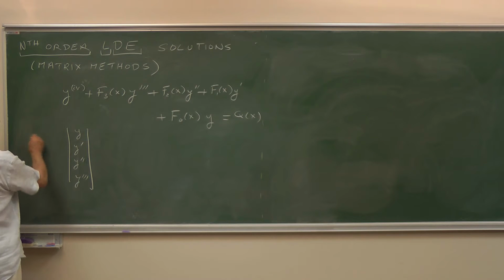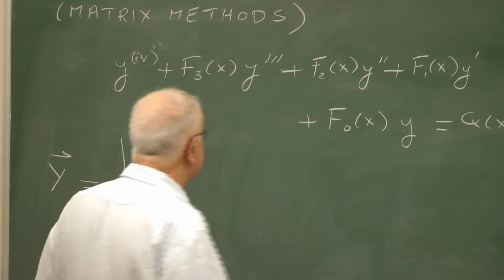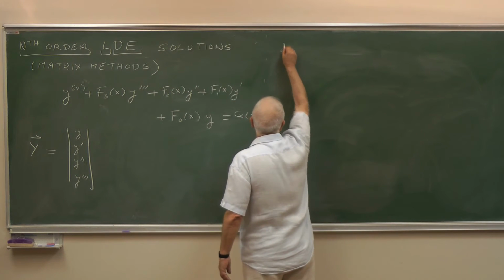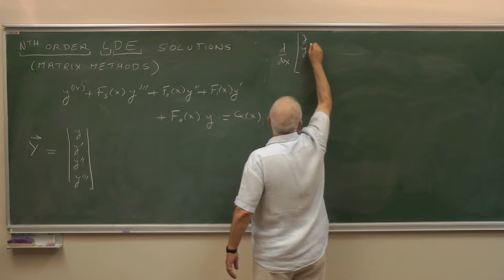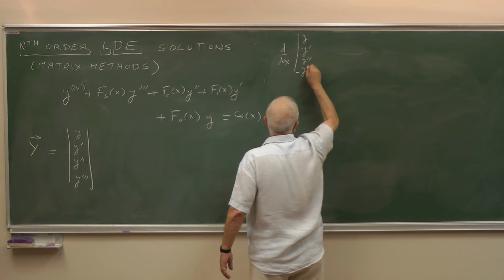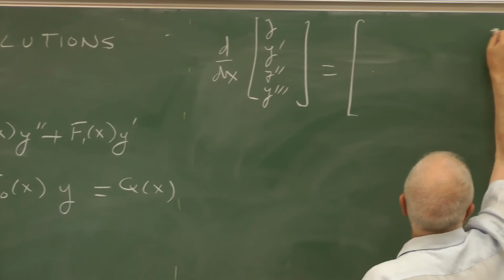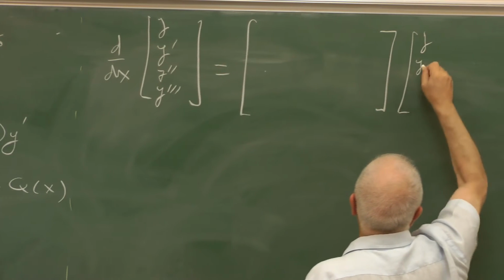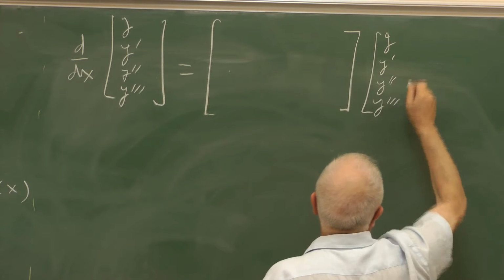I'll call this the y vector. Now, let me write d/dx of this vector, y, y prime, y double prime, y triple prime, equals a matrix times the same vector.